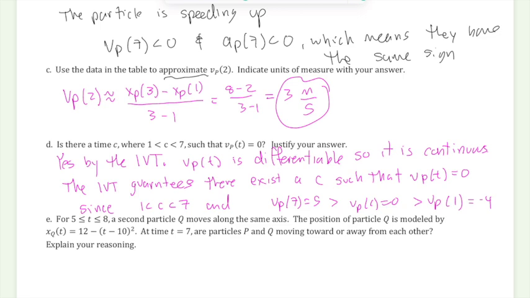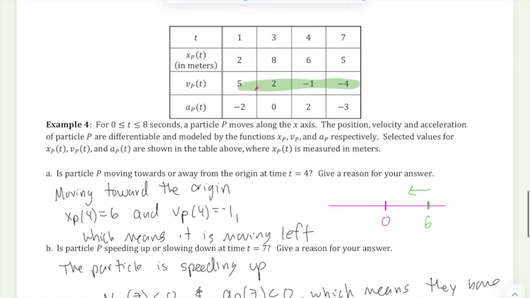Question E. For time 5 to 8, a second particle moves along the same axes. The position of particle Q is modeled by that function at time equals 7. The particles P and Q, are they moving towards or away from each other? Explain your reasoning. So to answer this question, let's look at the original first.